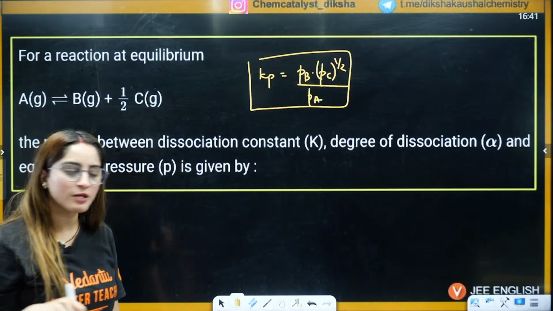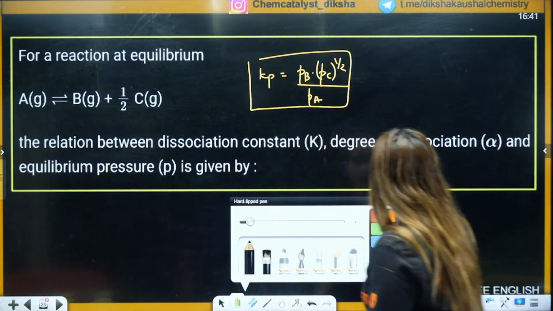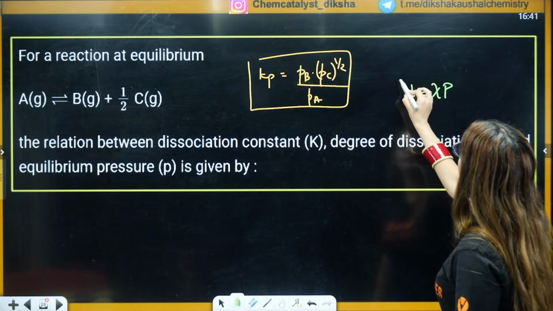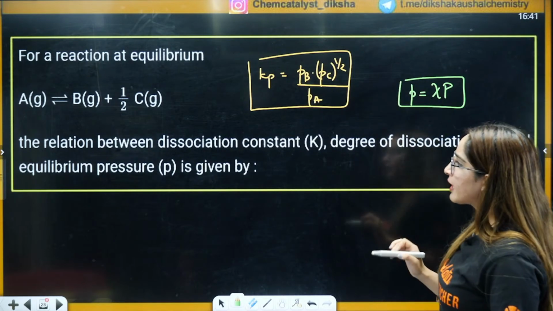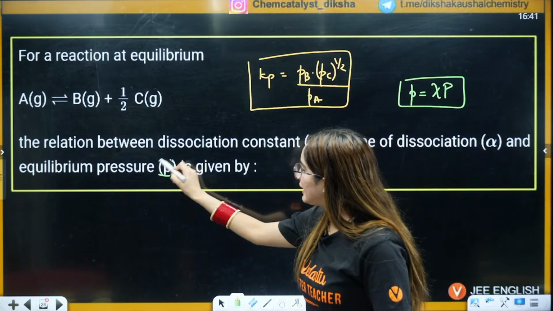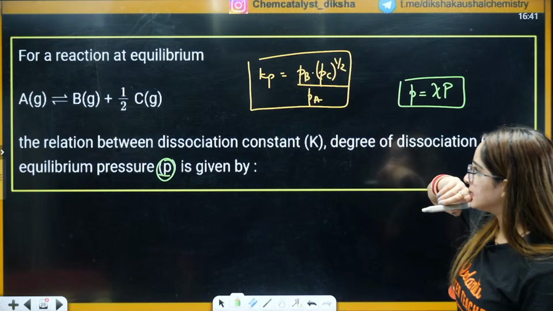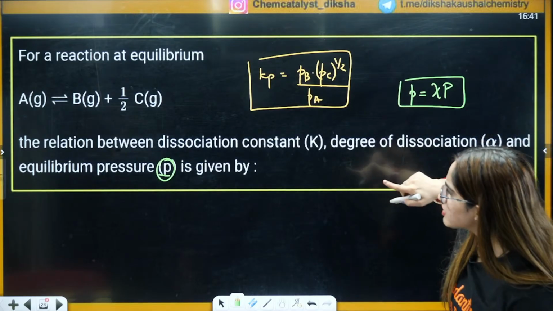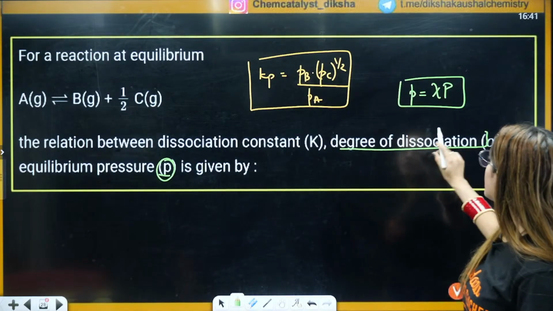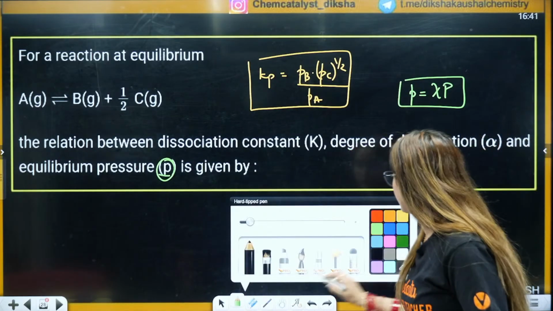Remember that partial pressure is equal to mole fraction into total pressure, right? Equilibrium pressure is the total pressure, that is given to be P. What is the relation between the dissociation constant K and the degree of dissociation? One by one we will solve this.